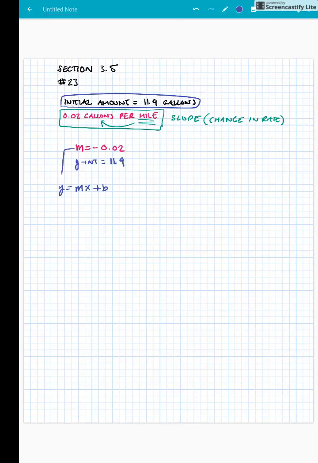So this one would go here, and this y would go as our b. Now, they want it in terms of G is going to be equal to the number of gallons that remain. D is going to equal the number of miles driven.